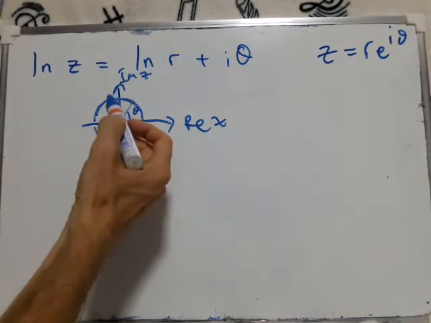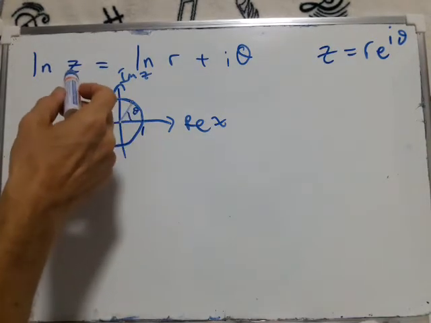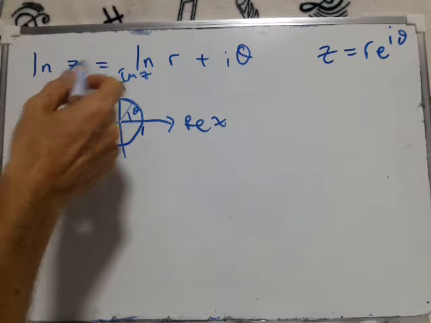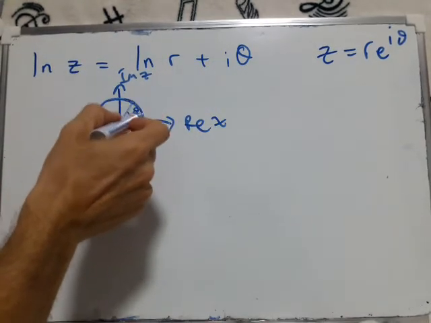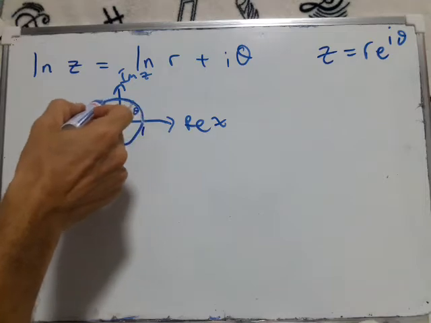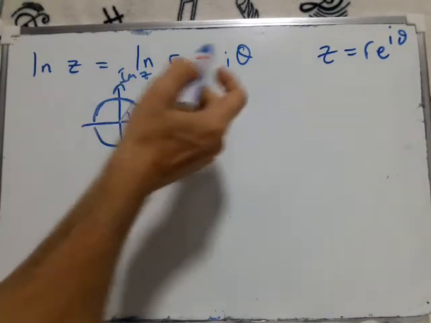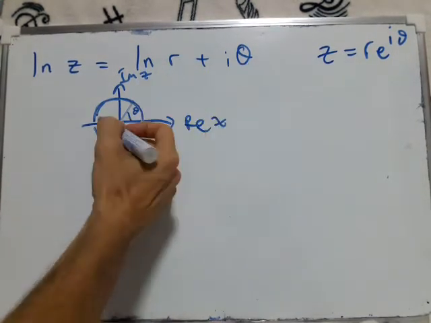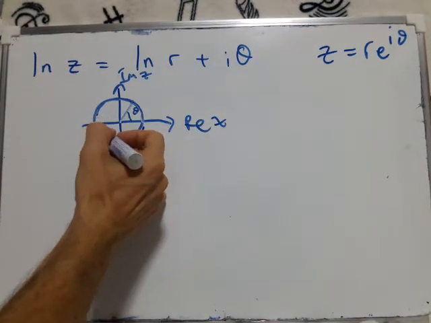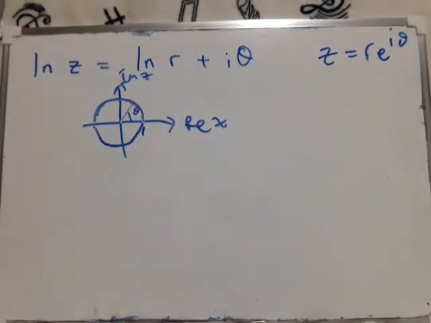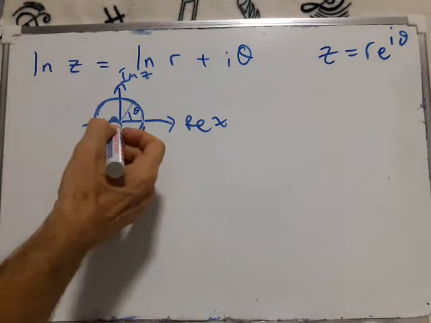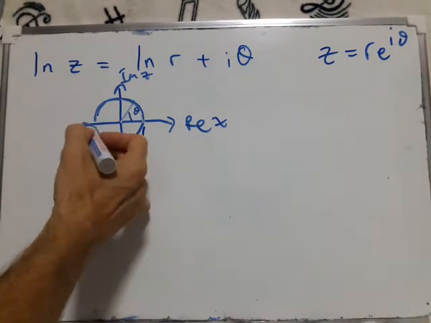So really what we're saying is that if you look at log z, as you trace out a path of what z is doing, log z will have a sudden jump from i pi at this point, just above this point here, to minus i pi.